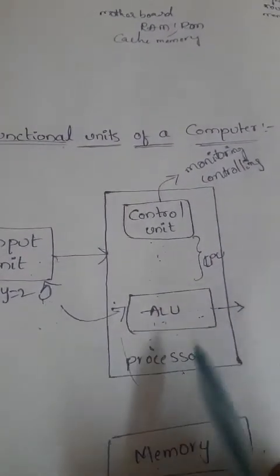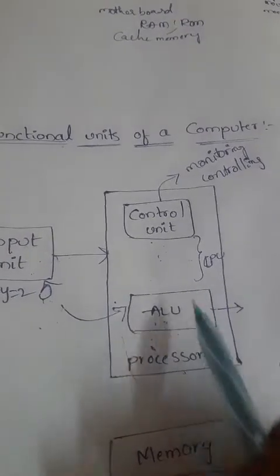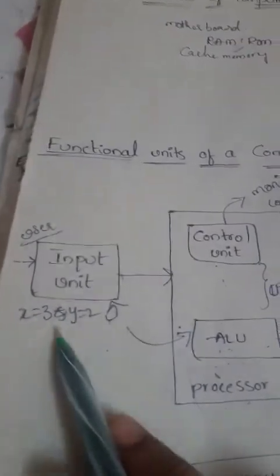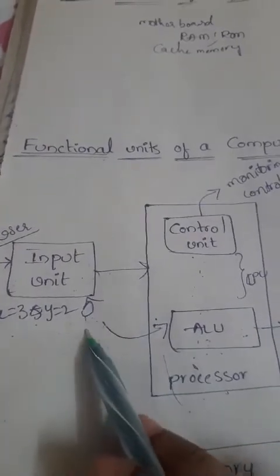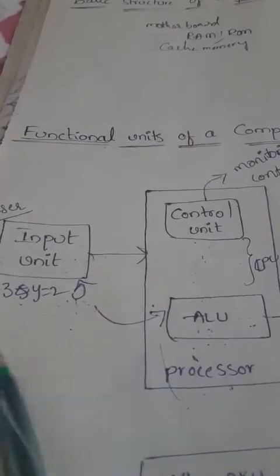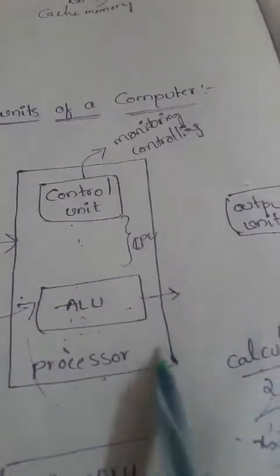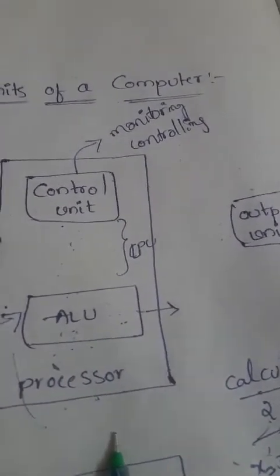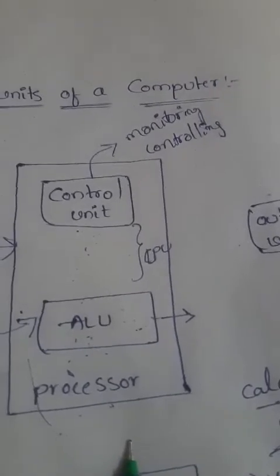So directly we can say that the ALU does the calculations, right? ALU performs the calculations. That's why the input data, x is equal to 3, y is equal to 2, that means the addition operation, is directly given to the ALU box. Okay, so the CPU will give that information to the ALU box.